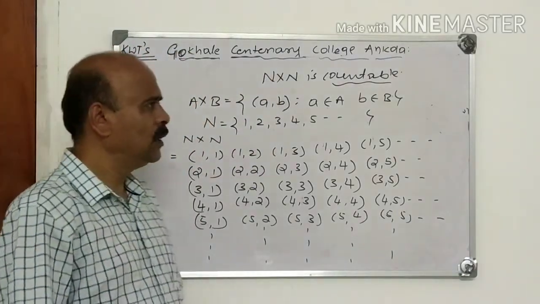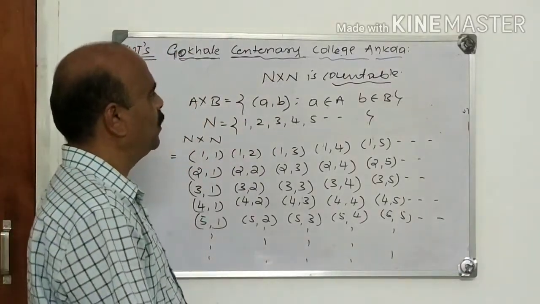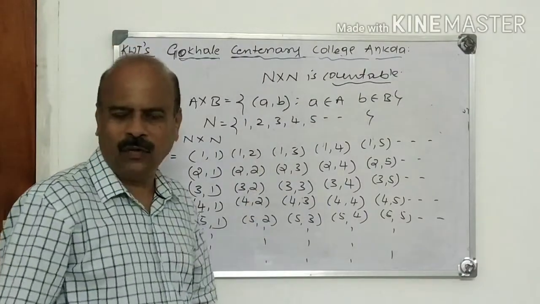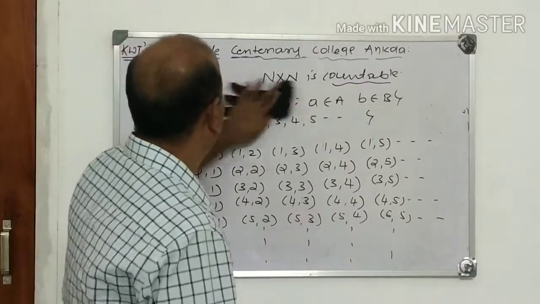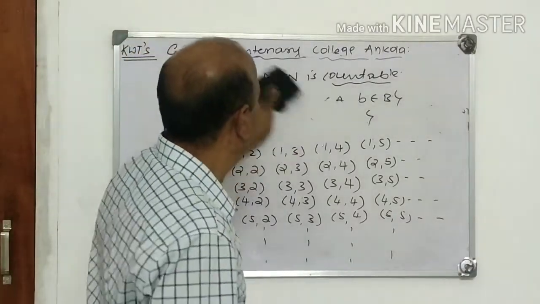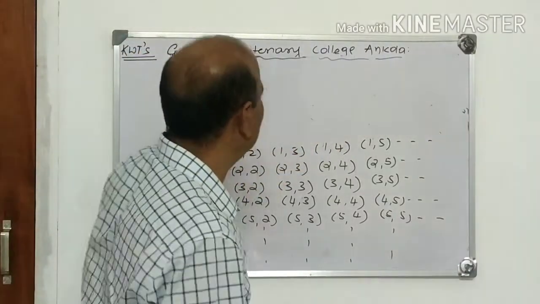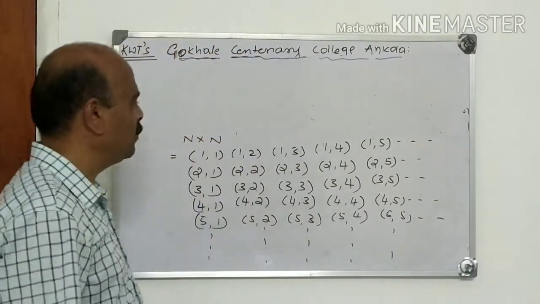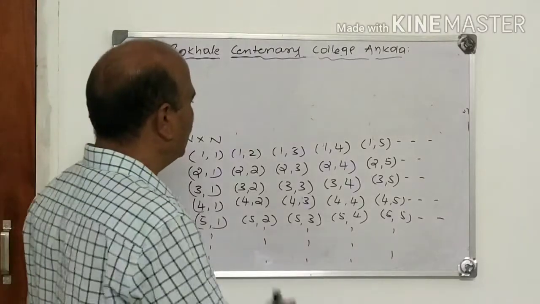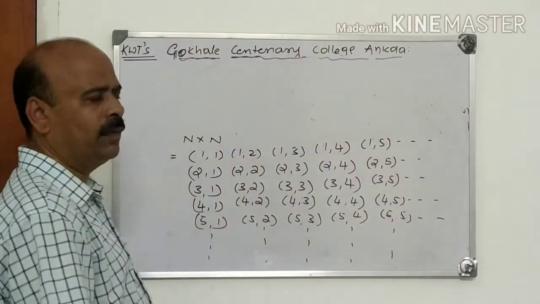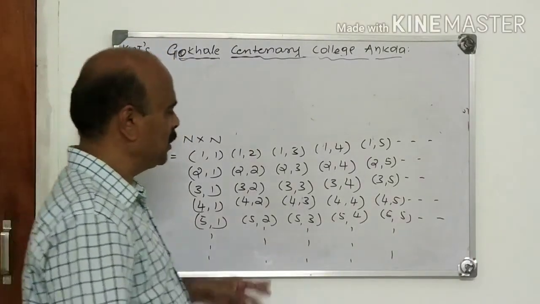Now I use this concept here. When you say that a set is countable, it means if it is possible to write the elements of this set in a sequential order, then we say that the set is countable. Repeat once again.